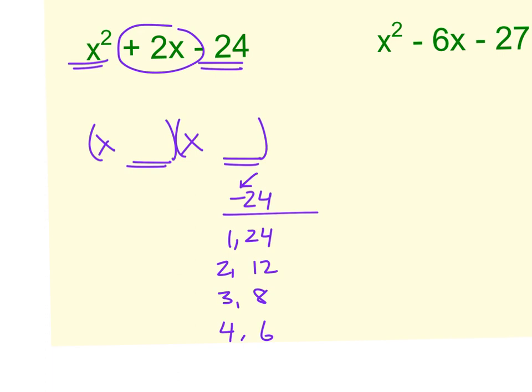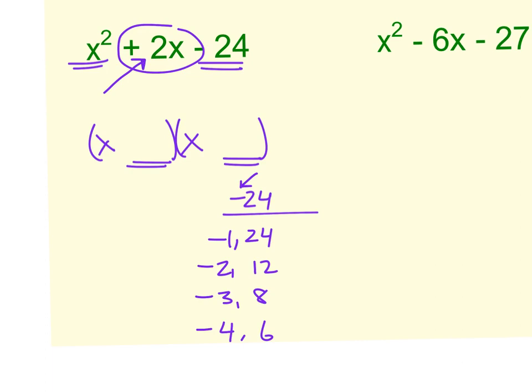Just a quick way to get there: whatever your b value is, what they have to add up to, the bigger factor is going to have that same sign. So the way that we write our factor pairs kind of helps us out. You can see that we have all the small factors on the left and all the big factors on the right. So all the big factors have to match the sign of positive 2. So we need positive big factors, which means all of our small factors will be negative. And that's just going to get us there a little bit faster.